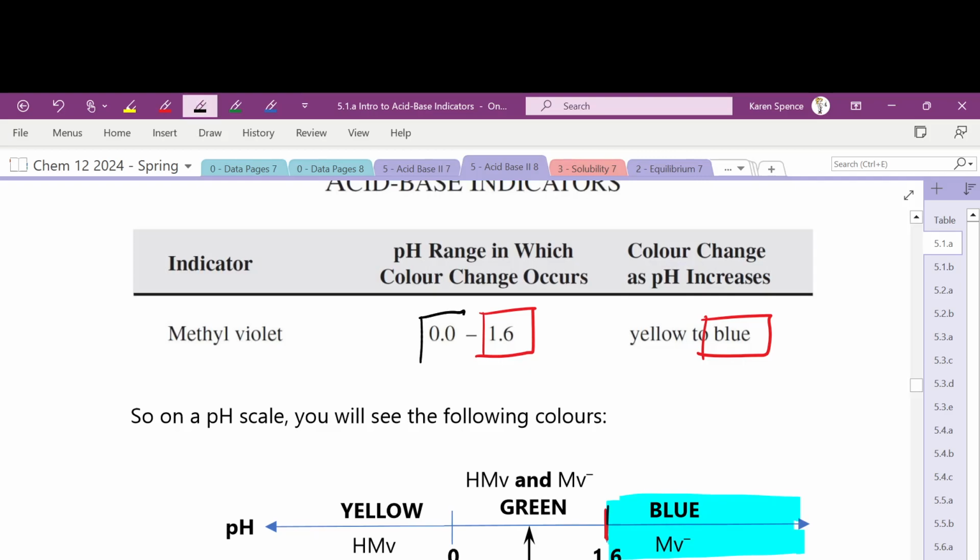Now at pH 0 and below, it is going to be yellow. Now, in between 0 and 1.6, what color will it be? It will be green, because you have a mix of both yellow and blue.